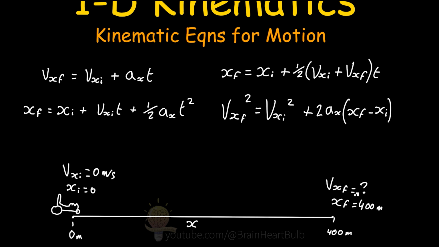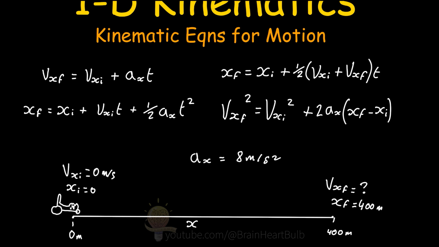So in this situation, we don't know what the final velocity is. And in this model, we're going to assume that the acceleration along the x-axis does not change over time. And let's call this acceleration 8 meters per second squared.